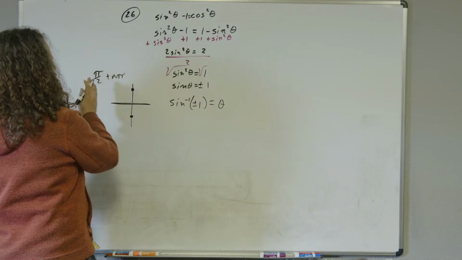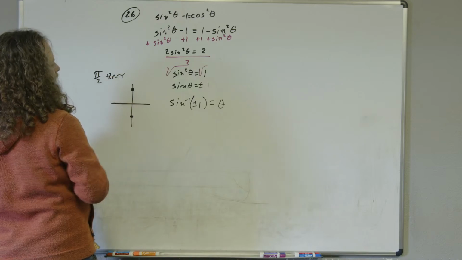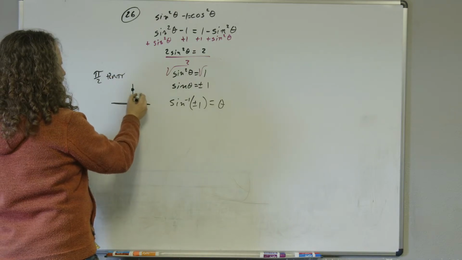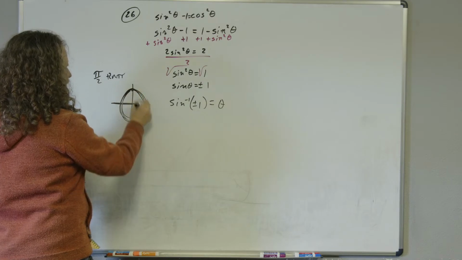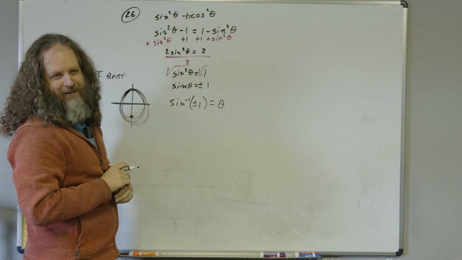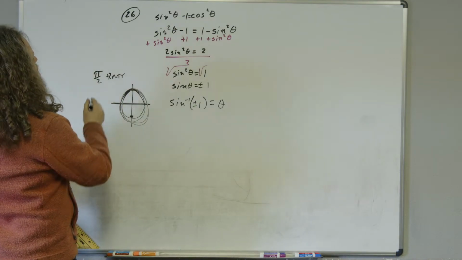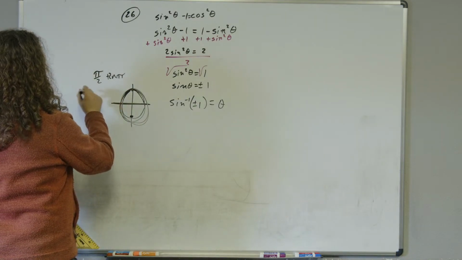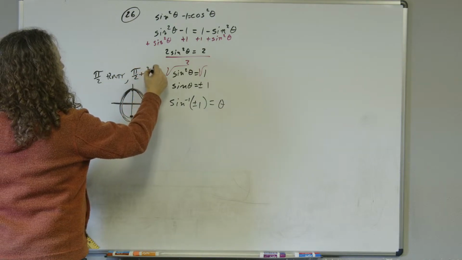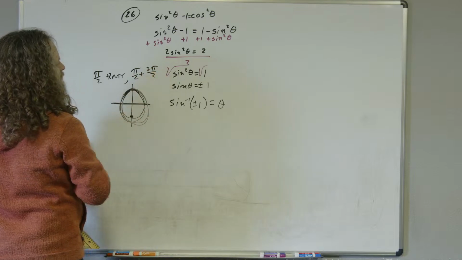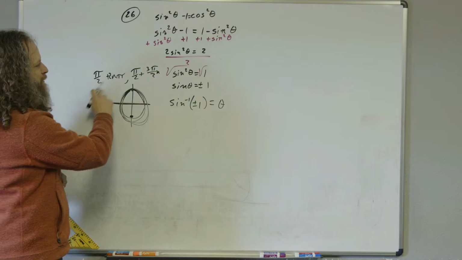So it's pi over 2 plus, so if we do 2 pi n, then that's this one, and then go around again, and around again, right? So it would also be pi over 2 plus 3 pi over 2 n. So it would be both of these.